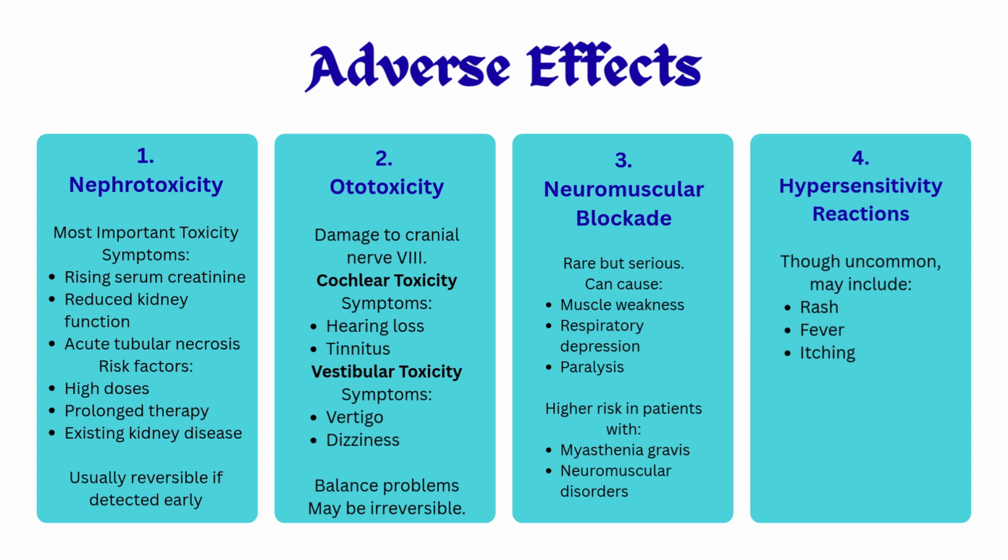Aminoglycosides can interfere with neuromuscular transmission. This may result in muscle weakness, respiratory depression, paralysis. The risk is higher in patients with myasthenia gravis, Parkinson's disease, those receiving neuromuscular blocking agents. 4. Hypersensitivity reactions. Although uncommon, allergic reactions may occur, including skin rash, fever, pruritus, itching.